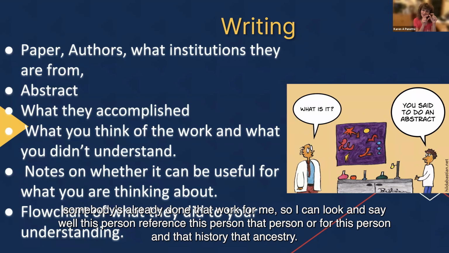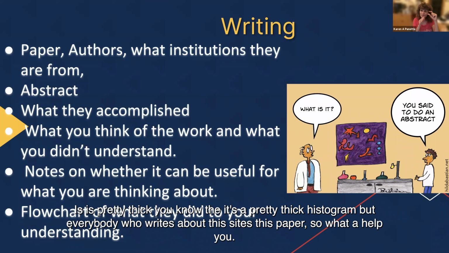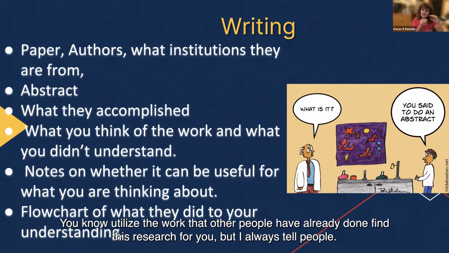This person referenced this person and that person referenced this person, and that ancestry is pretty thick. Everybody who writes about this cites this paper. So it'll help you utilize the work that other people have already done, finding this research for you.